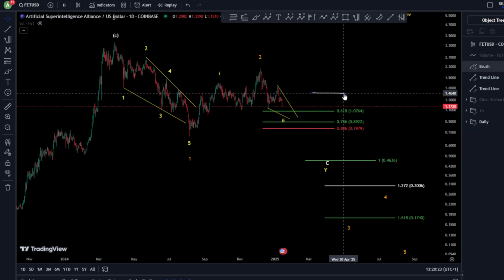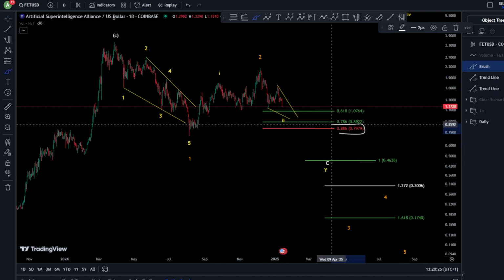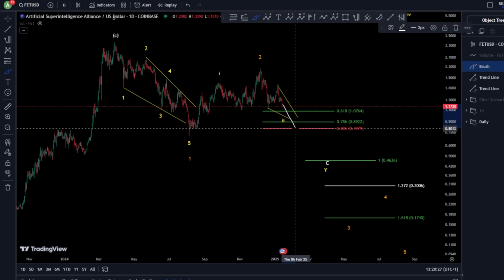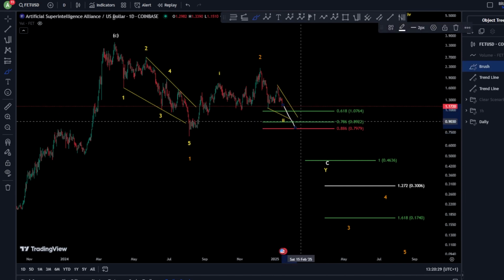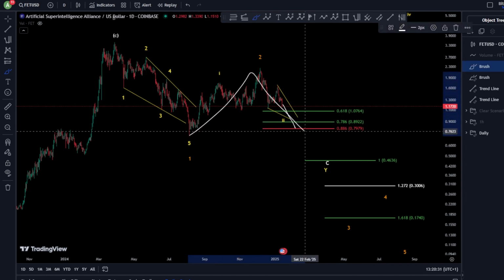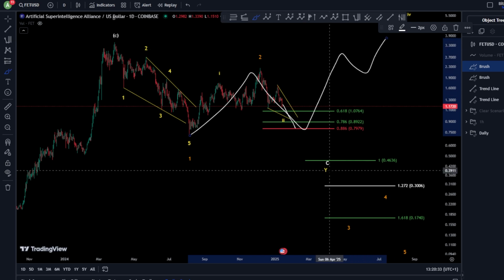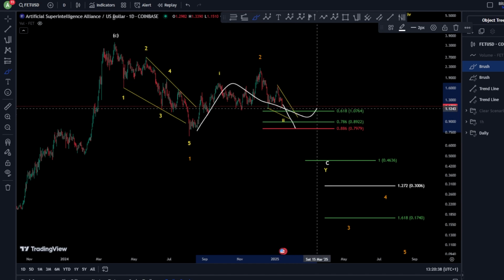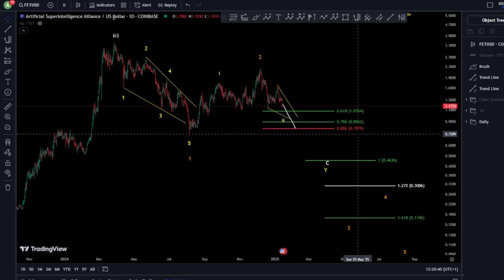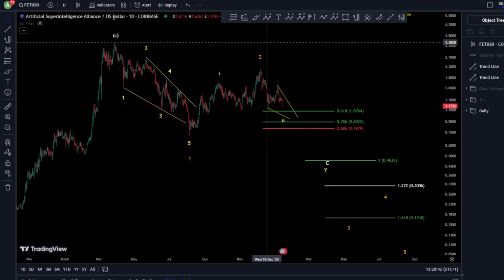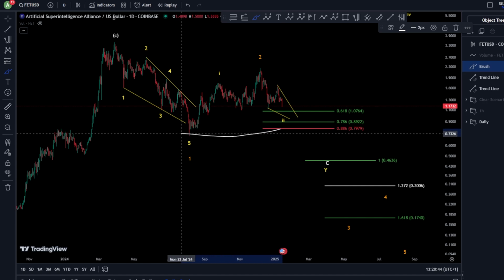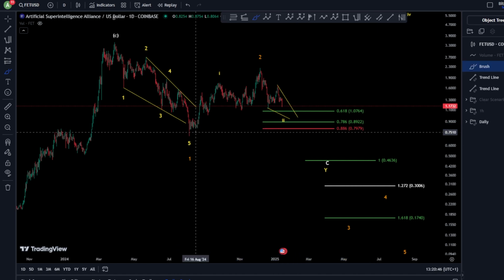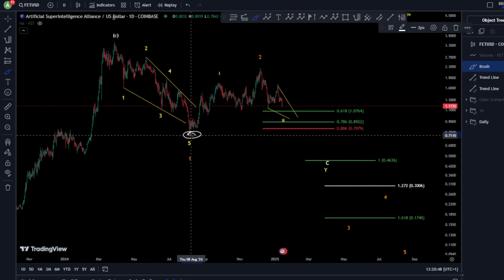If we hit the 0.886, it means the scenario starts to reduce. The only savior scenario would be a 1, 2, 3, 4, 5 contracting diagonal because you touch the 0.886. An impulse as 1, 2 cannot happen by touching the 0.886. Now, when you touch the 0.886, there is a higher possibility that you will take the low sooner or later.